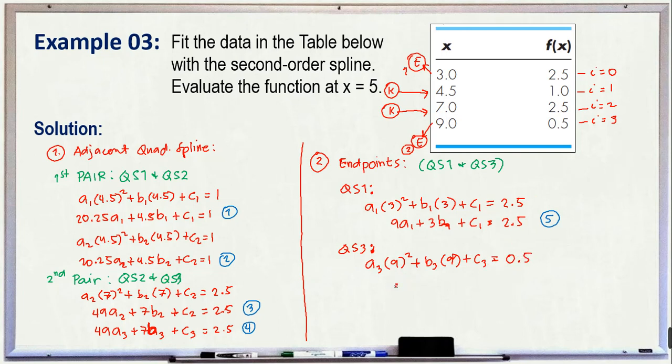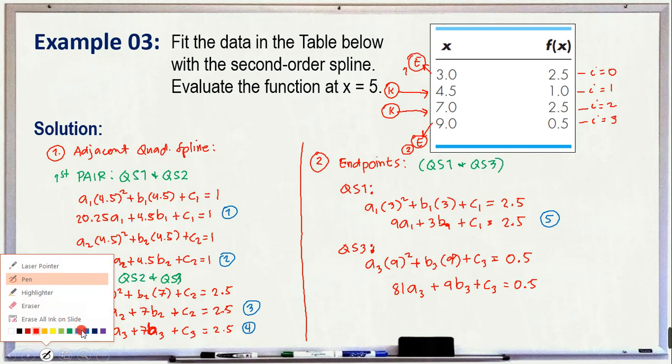Simplifying, we have 81 a sub 3 plus 9 b sub 3 plus c sub 3 equals 0.5.